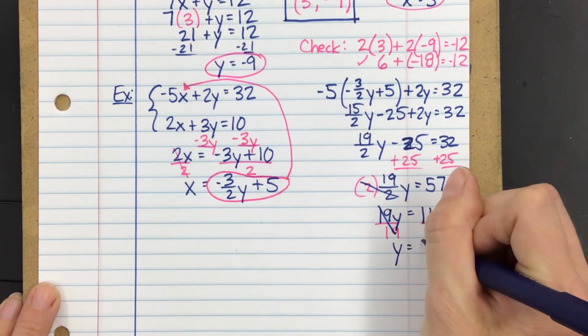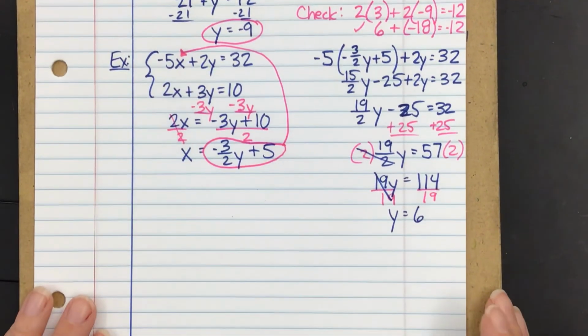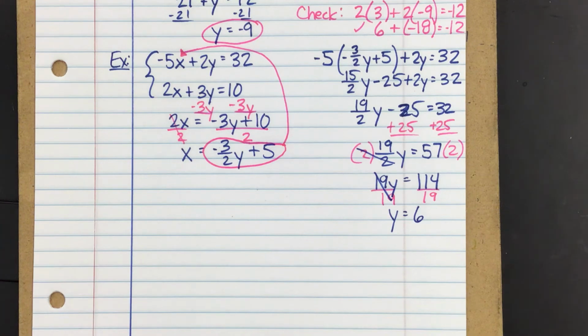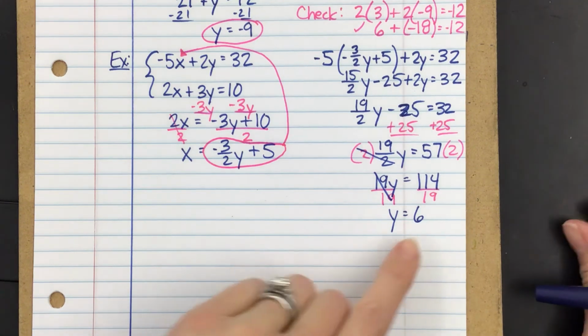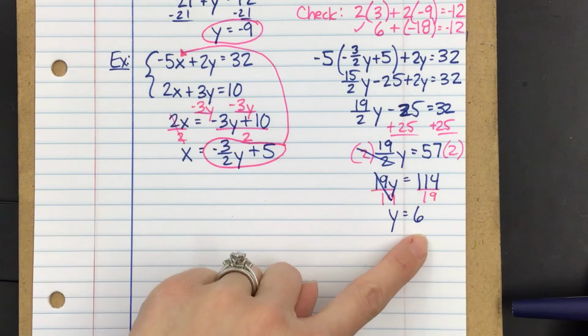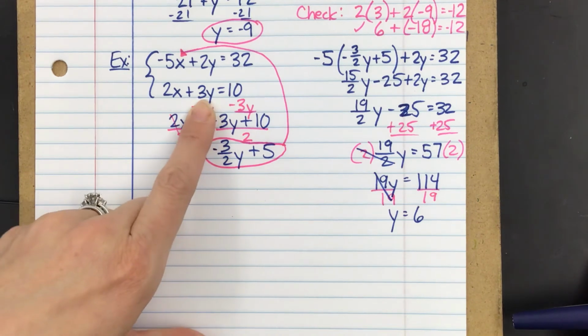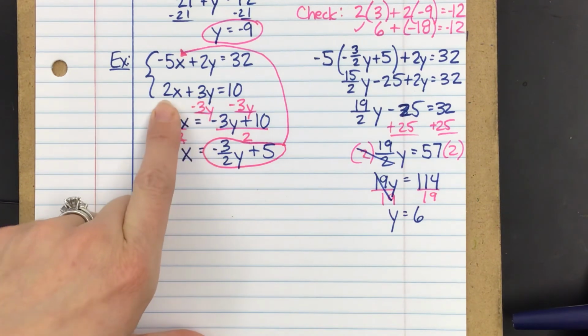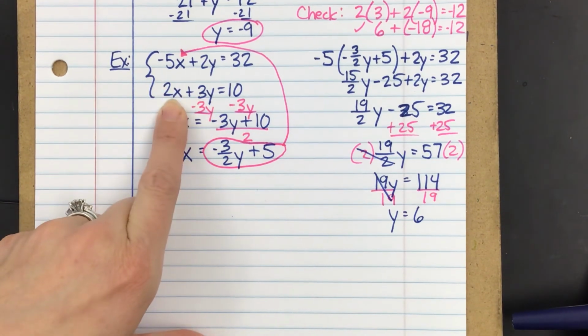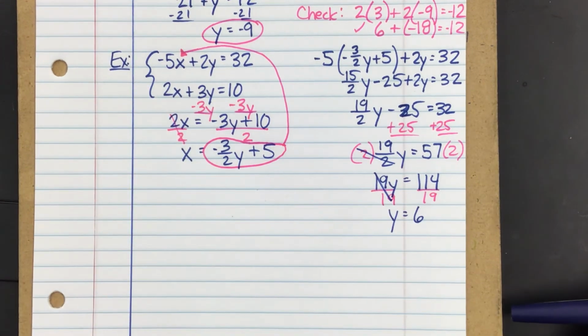Can anyone confirm? I think it's 6, right? Yeah, 6. Then choose one of the equations to plug 6 into to solve for your x. If I choose 6 here, this is 18, which would mean that this would be -8, which means x would have to be -4.